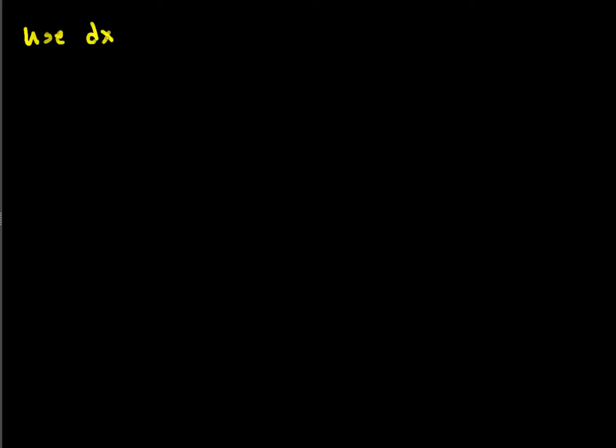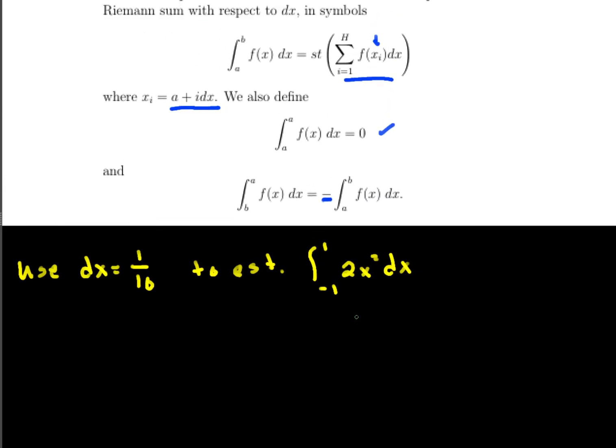So let's use dx to be 1 over 10 to estimate the integral from negative 1 to 1 of 2x squared dx. Well, to do this, let's go back. What are the things we're going to need to know?